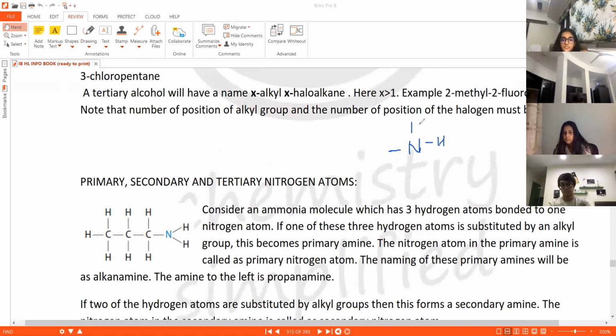Ammonia has 3 hydrogens. If one hydrogen is replaced by an alkyl, it is the primary nitrogen. If 2 hydrogens are replaced by alkyl, secondary nitrogen, and if all 3 are replaced, that means tertiary nitrogen. Is this clear?